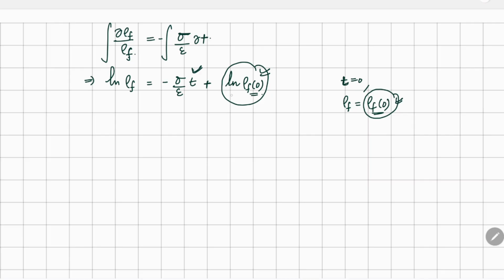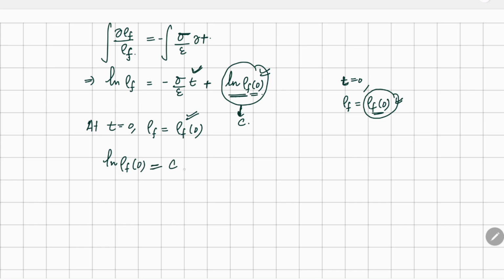So basically we'll find this constant. Let's consider this as c. At t equals 0, initially there would be some initial free charge density, different from what it would be at any time. So I'll consider that at t equals 0 it is rho_f0. So this equation becomes ln of rho_f0 equals this constant c.